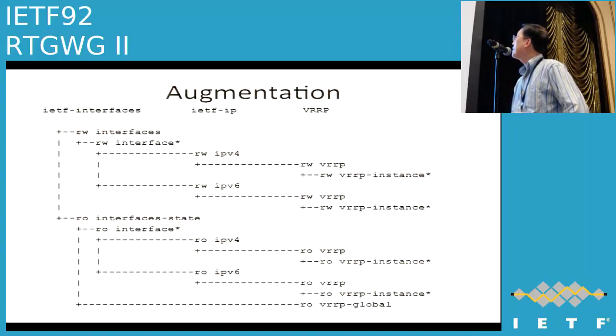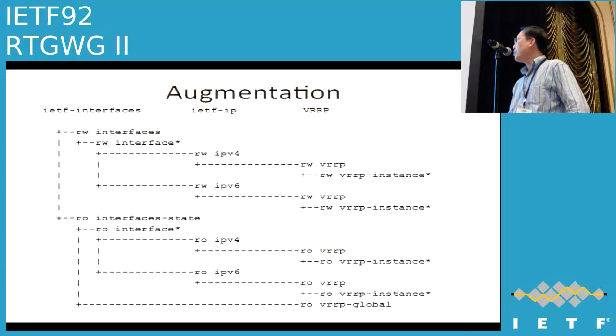In the middle, the IETF IP model augments the interface and provides either V4 or V6 addresses, which is exactly what we need for VRRP, so that we'll have separate V4 and V6 VRRP instances. Next slide, please.